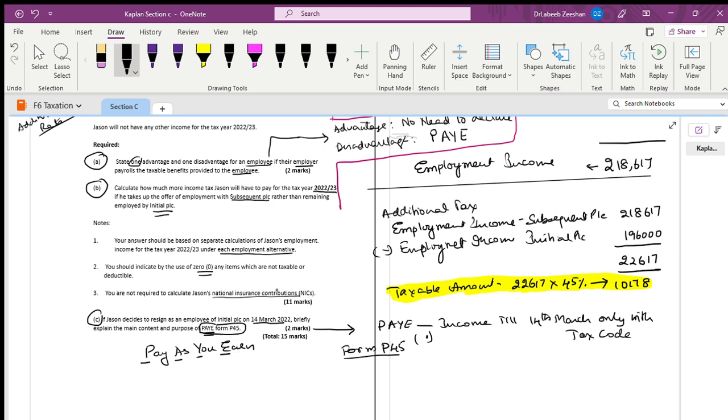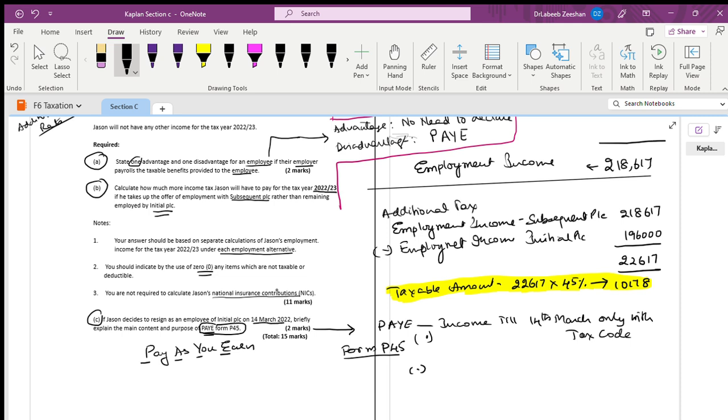Now, see, when you are joining a new job, understand, when you are working till 14th March, and you are going to join another job from 15th March, then you have to submit details about what you have earned previously. Is it?